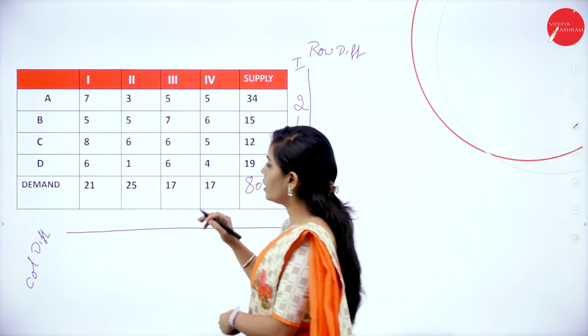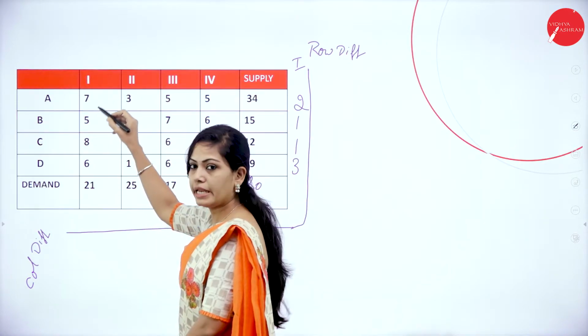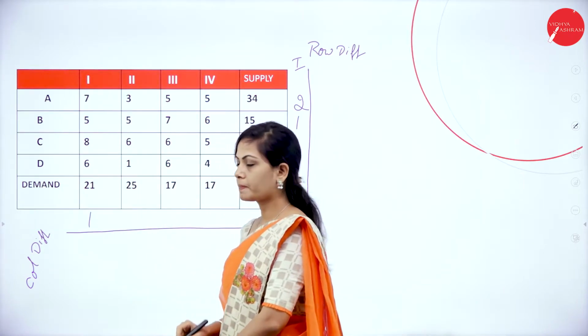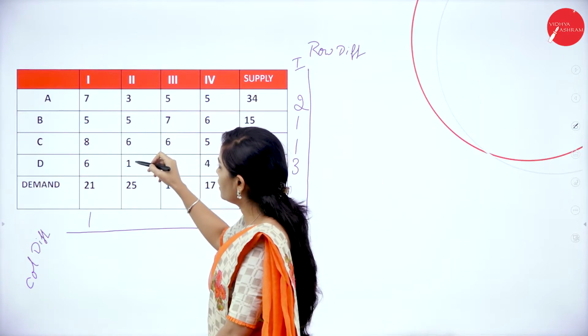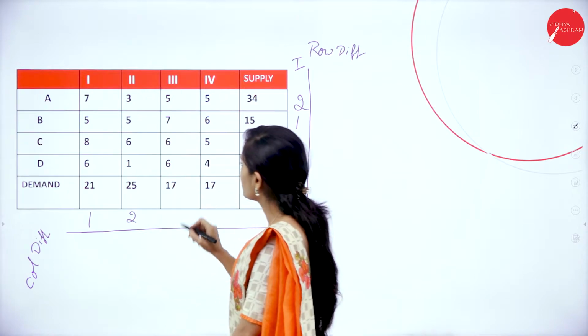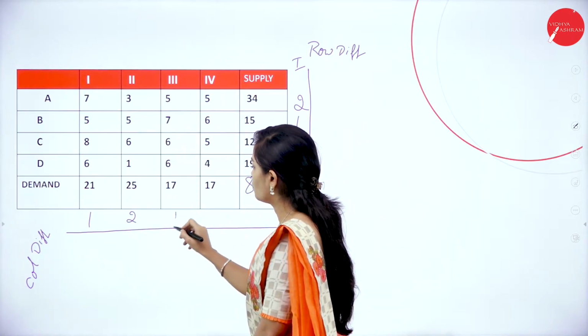And in column difference, least value is 5 and the next least value is 6, difference is 1. In the next column, least value 1 and second least value 3, difference is 2. In the third column, least values 5 and 6, difference 1.